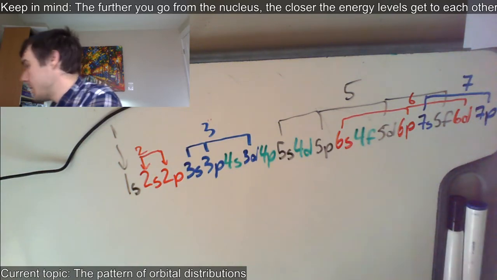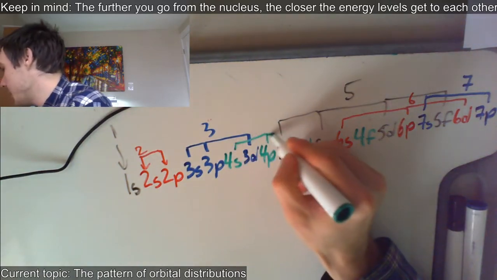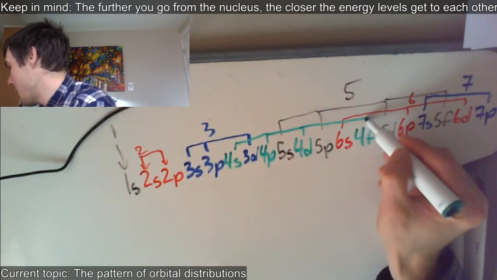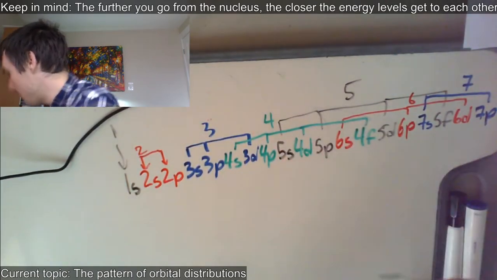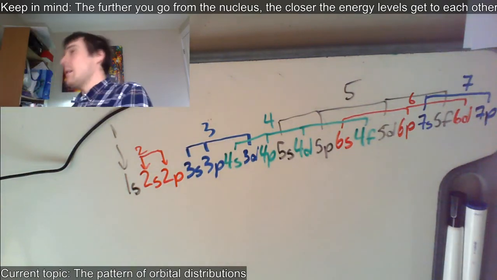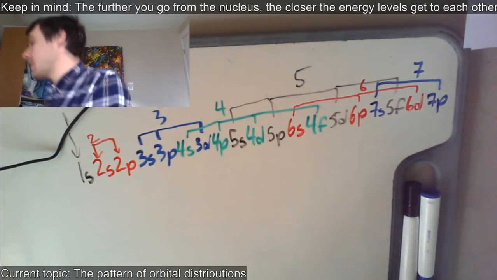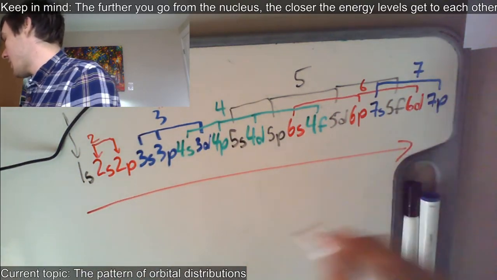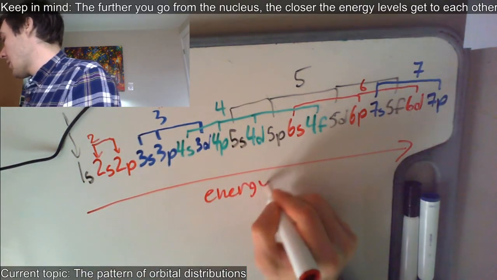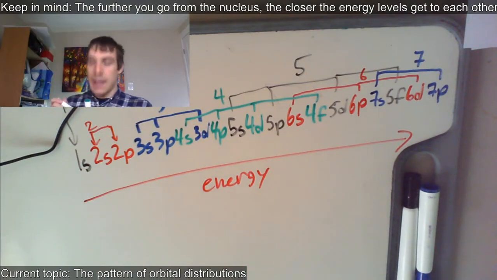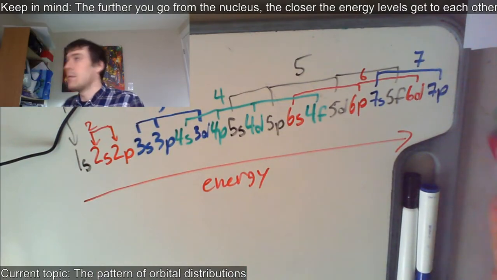And here's number 4. Number 4 is really spread out here. So in terms of energy, remember this is all in terms of energy. That's how we see them organized.